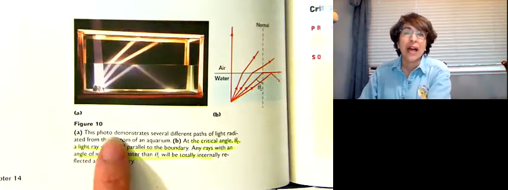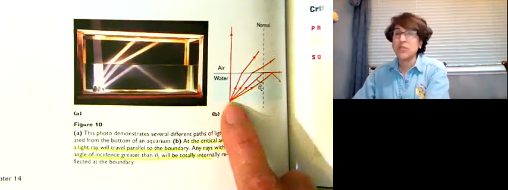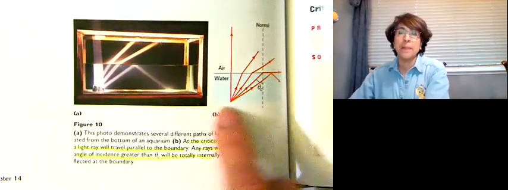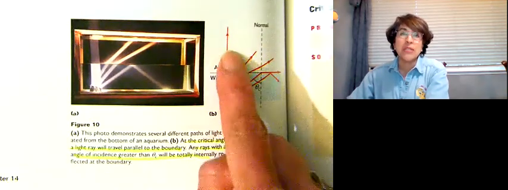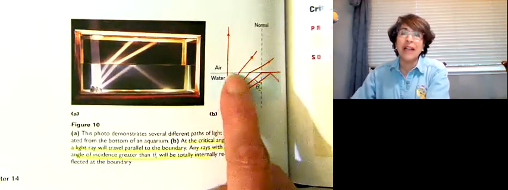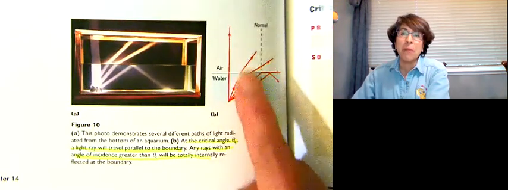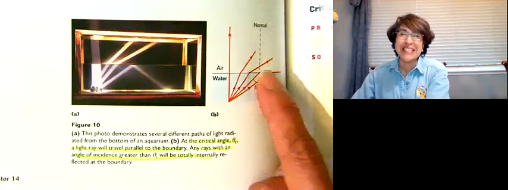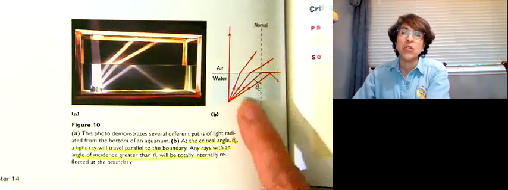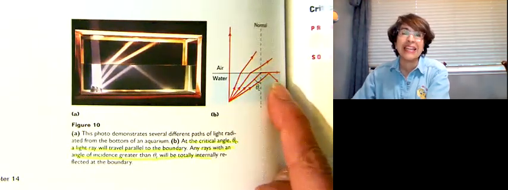At the critical angle, theta c, here's a schematic. Some of it goes straight out at a little angle, then it gets bent at a greater angle, bent even more, and it's exactly on the level of the water, and then at greater angles, it gets bent back in.